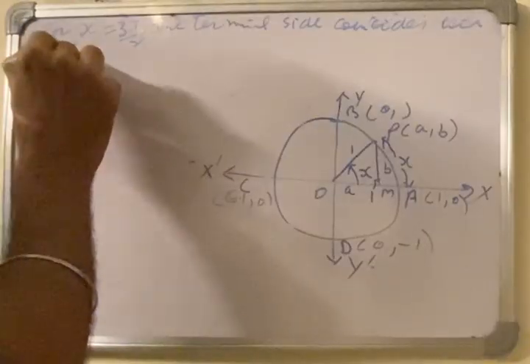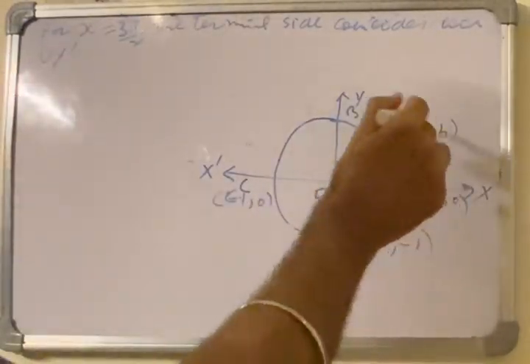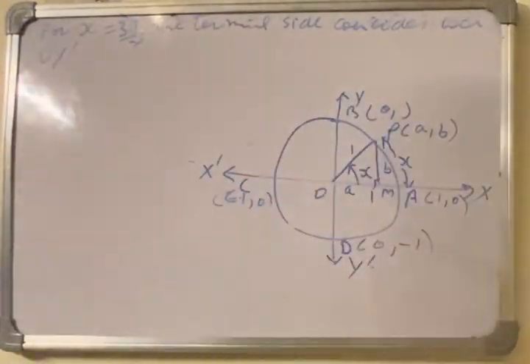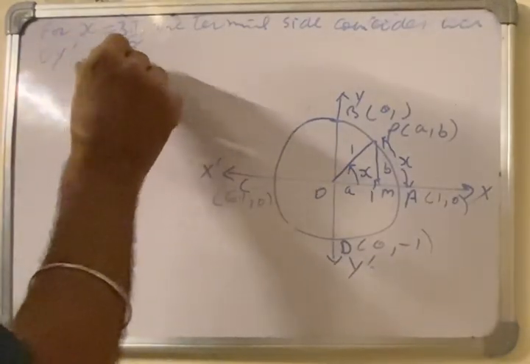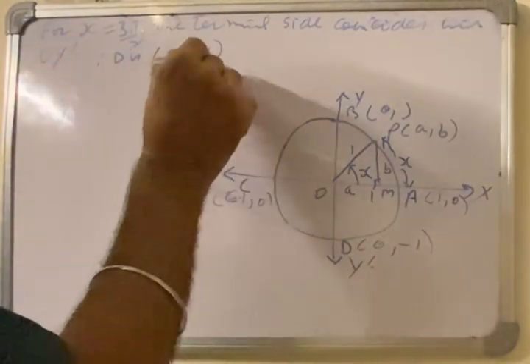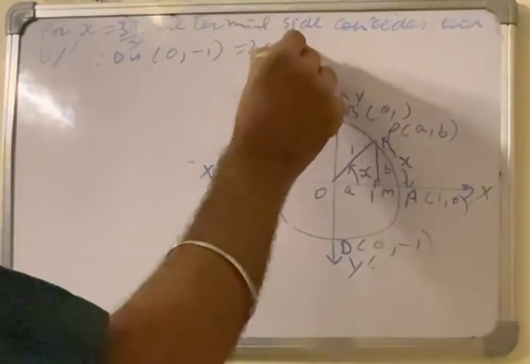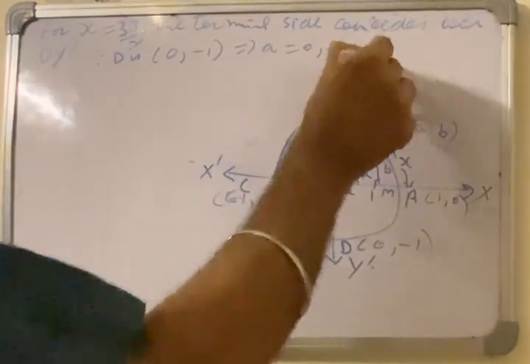This angle AOD is 3 pi by 2. Since D is (0, -1), so a is 0, b is -1.